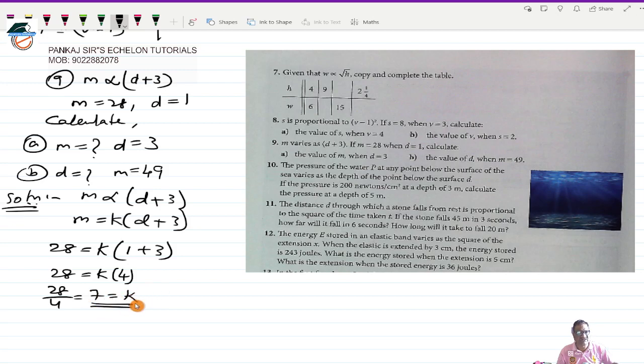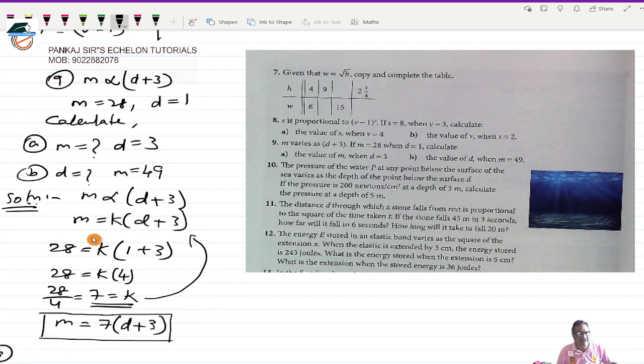Now this K equal to 7, I'm going to put in this formula. So I'll get M is equal to 7 times D plus 3. Now this is the formula which is going to give me the answer for A and B. In A, they will ask you what is the value of M. So M will be equal to 7 times, and you have to take D as 3.